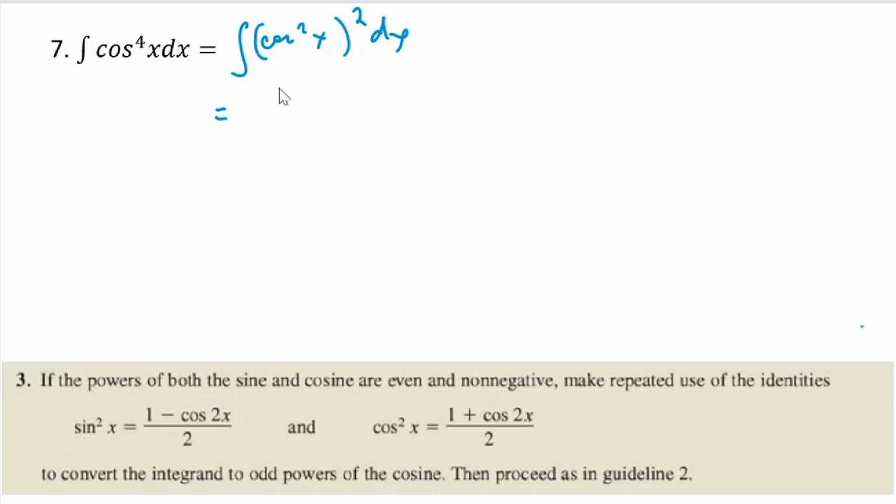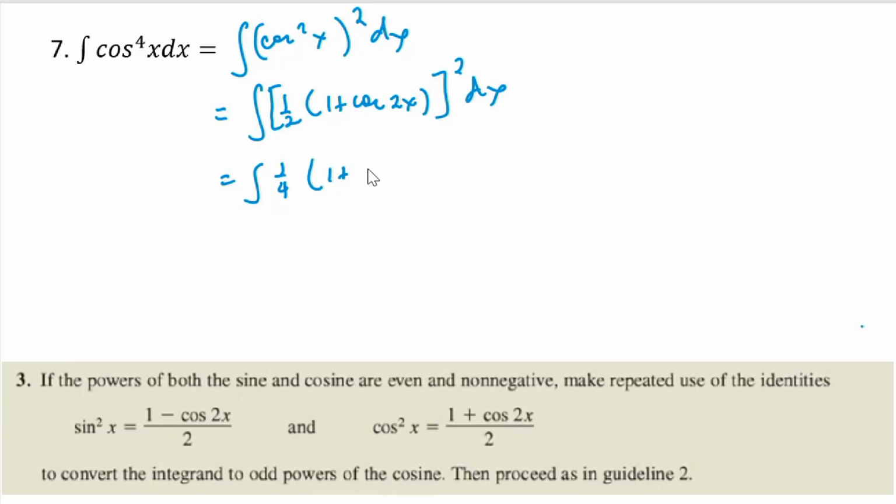And then the identity of cosine squared x can be written as the integral of 1 half times 1 plus cosine 2x, and then this will be raised to the power of 2 again dx. So by simplifying, we can write the integral now of 1/4 times the integral of 1 plus cosine 2x raised to the power of 2 dx.